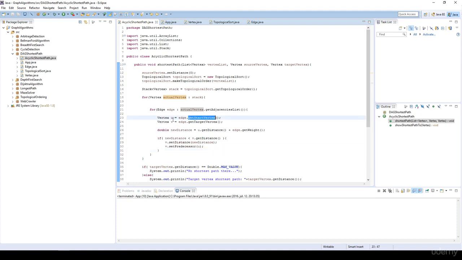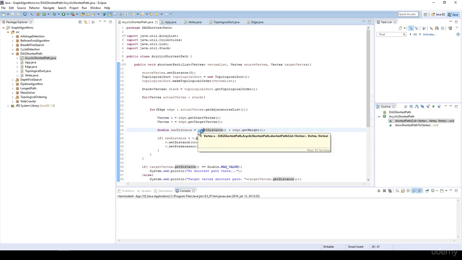We have the start vertex because we iterate through all the edges. So we are able to call edge.getStartVertex. We denote it as u because usually it is denoted by u. We have the v, which is the target vertex. We calculate the new distance, which is the start vertex's getDistance. What does it mean? It means: what's the distance from the start vertex or the source vertex?